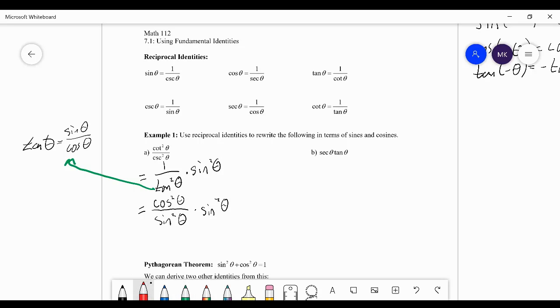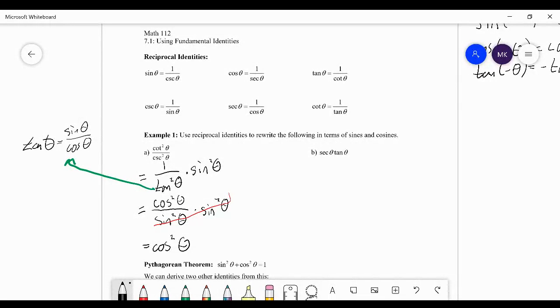Okay, so we have cosine squared theta over sine squared theta times sine squared theta. Well, those cancel out, and we are left with just cosine squared theta. So that's really cool. So that means that cotangent squared theta divided by cosecant squared theta is just cosine squared theta. That's kind of cool.